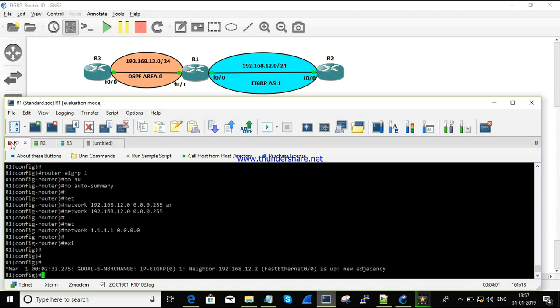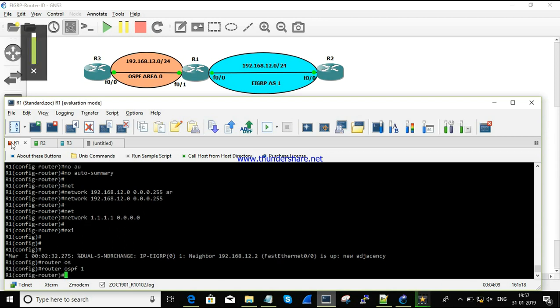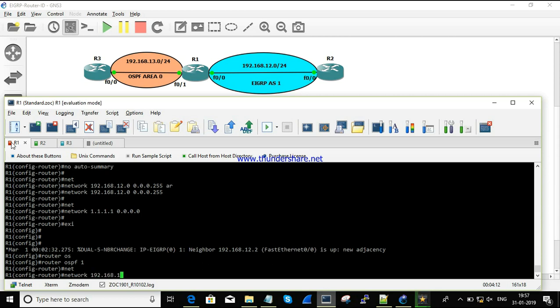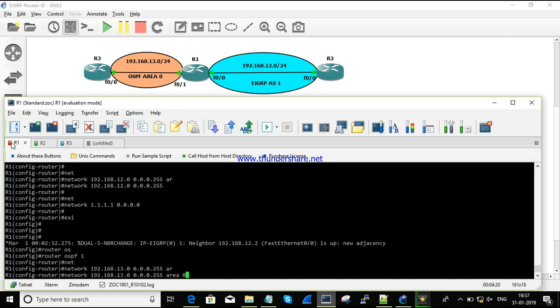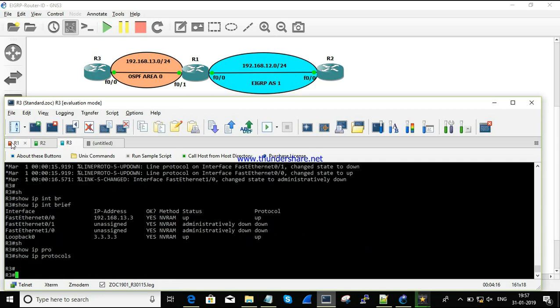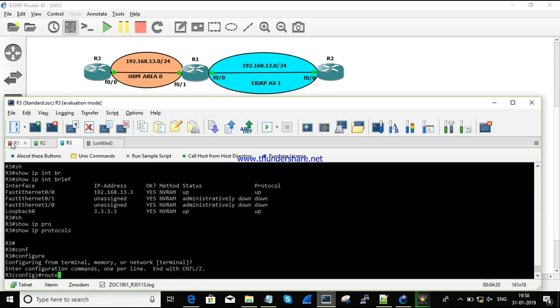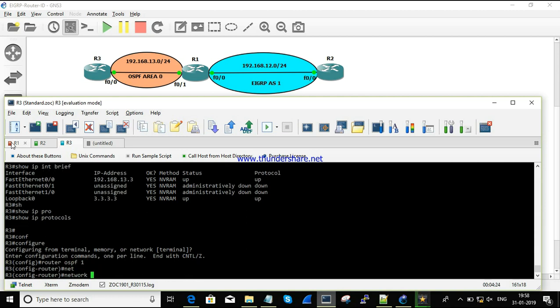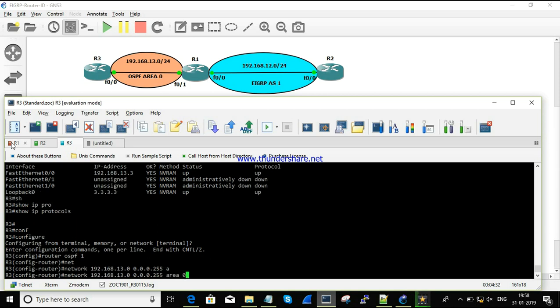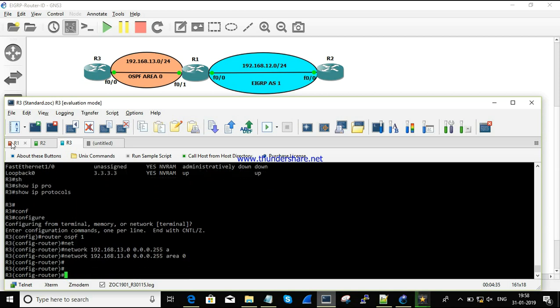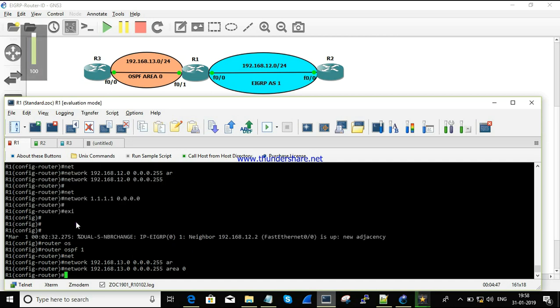Right. So now I'm going to configure OSPF between R1 and R3. Now the configuration is done. I haven't redistributed yet.